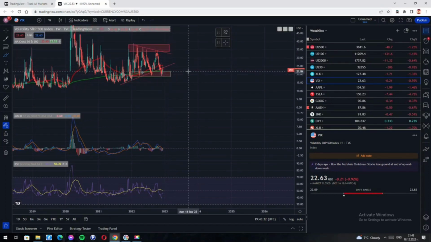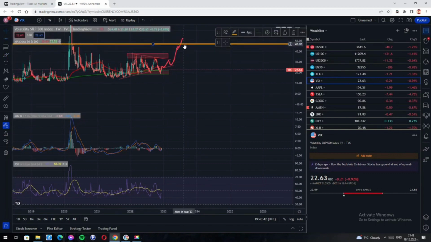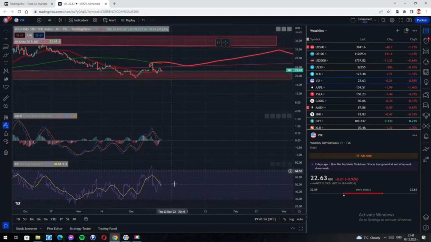So I believe that the next bearish move will probably do something like this, and then we will have the last bear market crash of this bear market, and the VIX will finally break out of this pattern and go right around 47, 48, and from there we'll be getting lower lows, and we will be finishing 2023 right around here. But this is once again very far into the future.